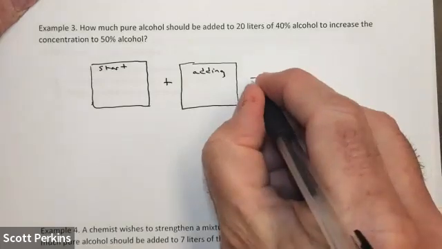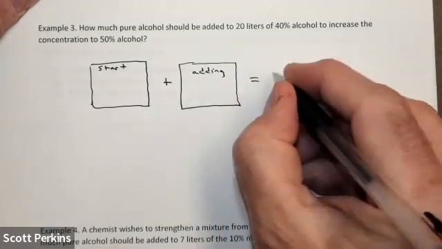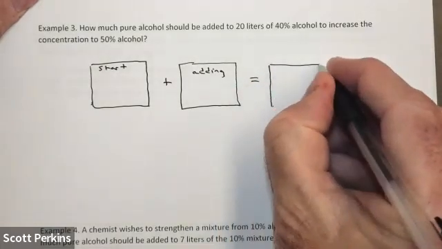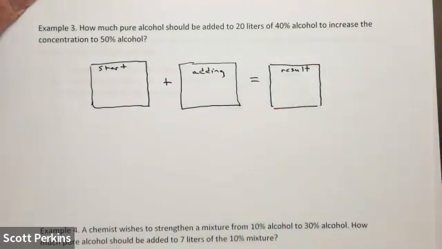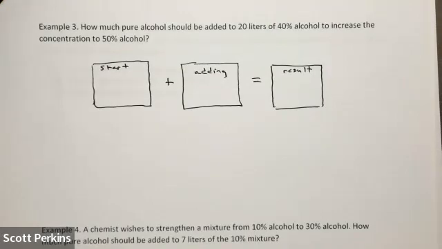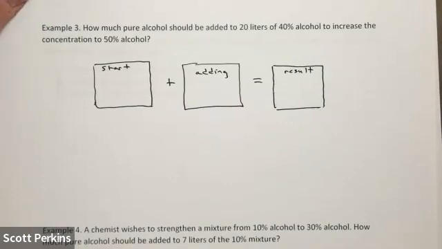And then that's going to produce, so I've got an equal sign, that's going to produce my third box, what my result is. I do this for every mixture problem. So this works for me. If it doesn't work for you, when you go through MyMathLab, they will show you how to arrange things in a table instead, if you just prefer the Microsoft Excel way to approach this.